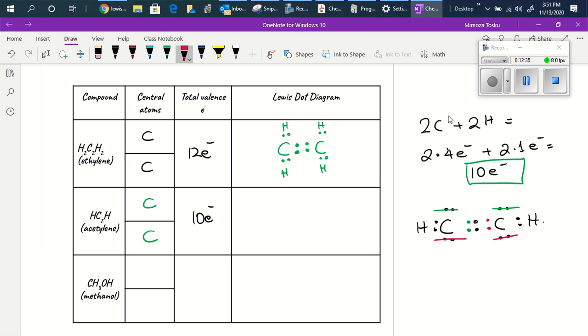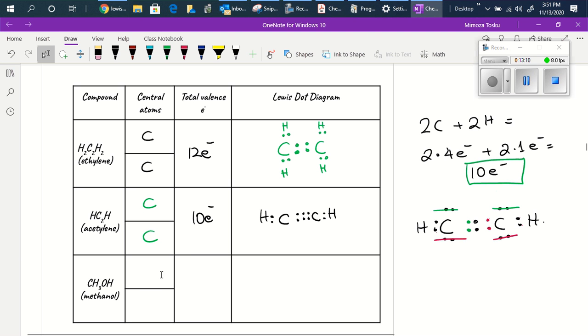Now when we count 1, 2, 3, 4, 5, 6, 7, 8, 9, 10, that is the correct number of electrons. So the Lewis dot diagram for acetylene is carbon, carbon, with a triple bond between the 2 central atoms, and then hydrogen here and hydrogen here. Now hydrogen is satisfied, carbons are satisfied, and we are good to go.